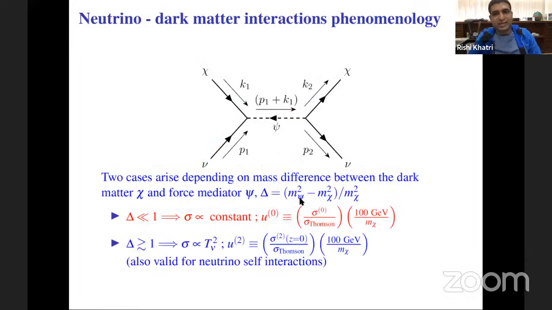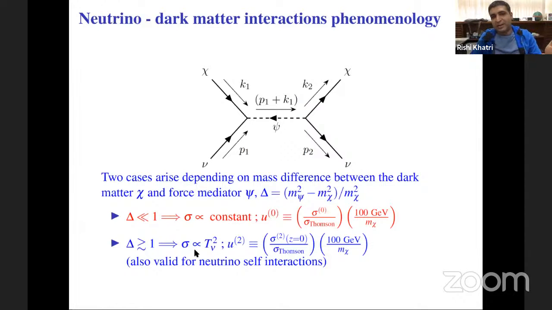Just to make things concrete, we decided to cook up a particle physics model where neutrinos interact with a small fraction of dark matter. The dark matter mass is much, much higher than the energy of neutrinos, so we are in the non-relativistic limit. Depending on the mediator mass, you can have two kinds of behavior. The cross section can be temperature independent, or momentum independent, which I label with superscript 0.